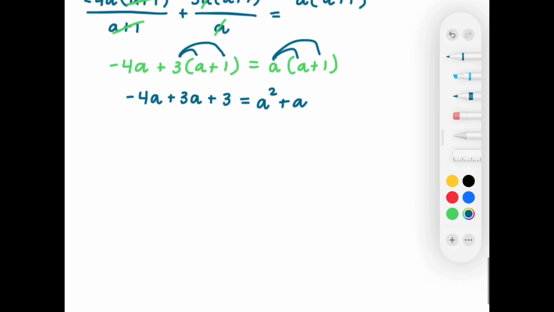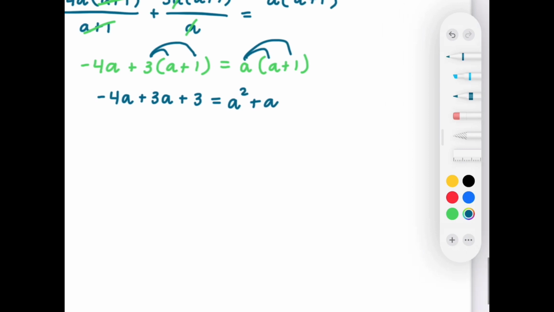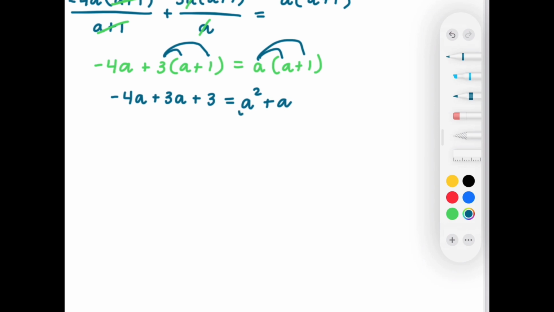All right, and then we want to get all of our a's to one side, but since we have an a squared, we're just going to get everything to one side because that means we're probably going to have to factor. Because the a squared is already positive, I'm going to move everything from the left side to the right side in just a second. So I'm going to combine these like terms first. So we would have negative a plus 3 equals a squared plus a.